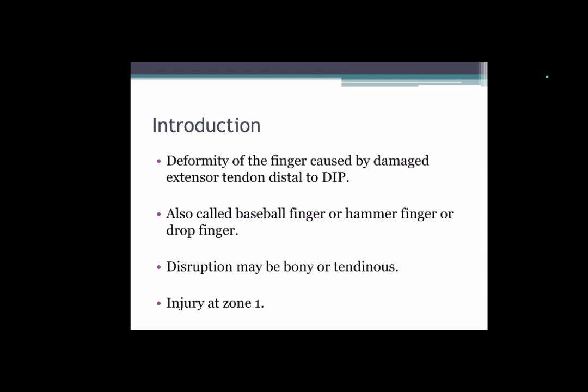This injury usually occurs due to sudden force that bends the extended fingertip, commonly during sports activities or accidents. Early diagnosis and proper treatment are important to restore normal finger function and prevent permanent deformity.